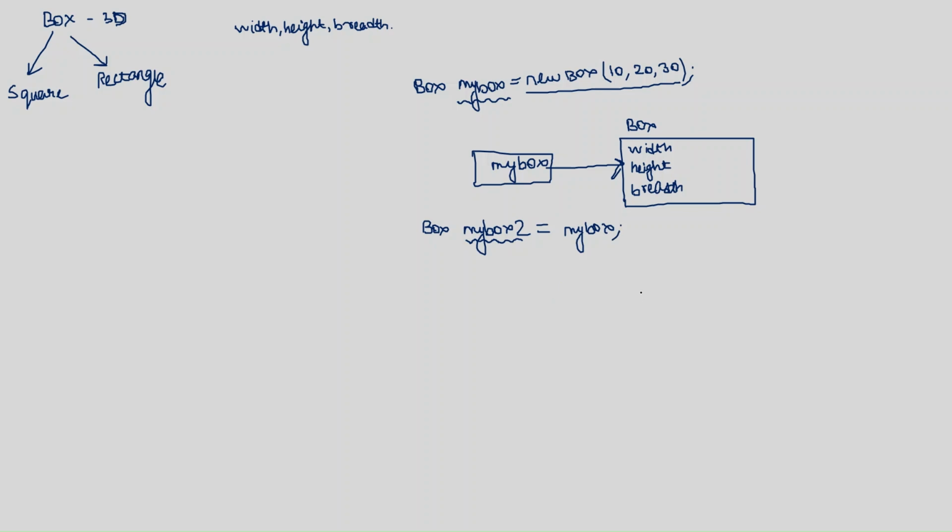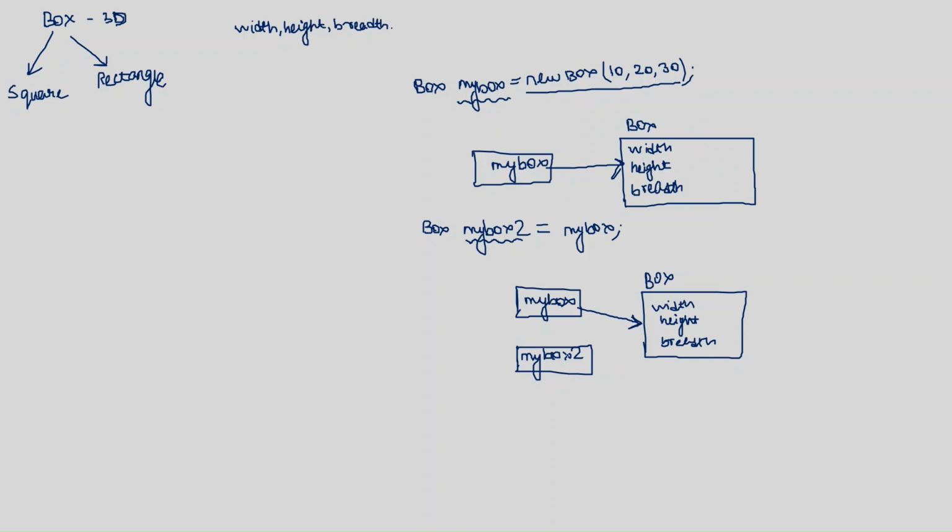After you compile this, there is just one instance in the heap memory with the width, height, and breadth. But the catch here is this myBox reference variable points to this instance, and also the second myBox2 reference variable also points to this particular instance instead of creating a separate or a new instance of the box type.